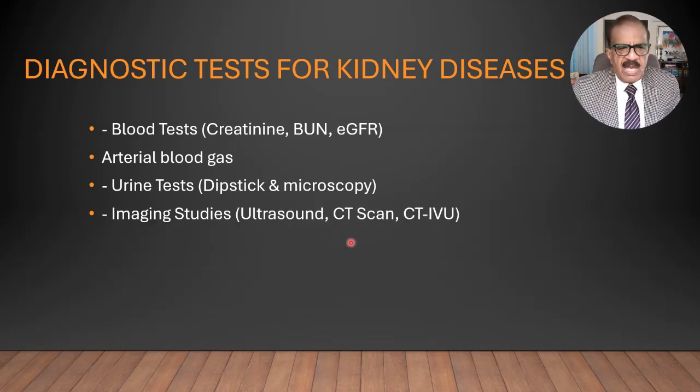Imaging studies: ultrasound is usually the first line test, followed by CT scan, CT IVU, CT KUB, or sometimes MRI. They may be needed in appropriate cases. Finally, kidney biopsy.